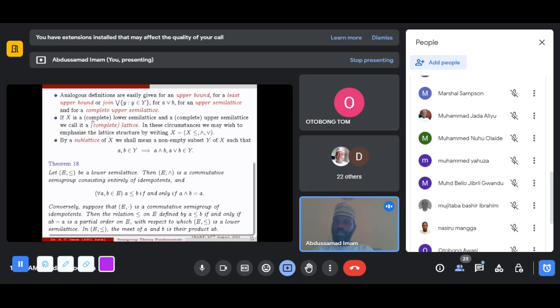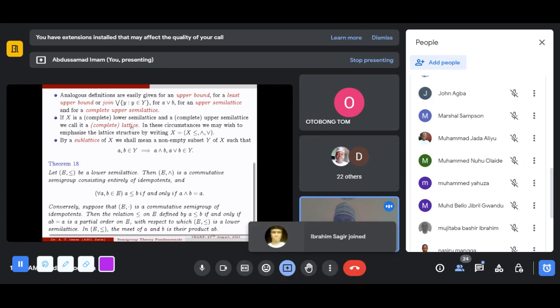So if X is a lower semilattice or a complete lower semilattice and also an upper semilattice, then we call it a lattice. So a lattice is a partially ordered set that is a lower semilattice and also an upper semilattice, or complete, if you add the prefix complete. Now, we may wish to emphasize the lattice structure of a set.